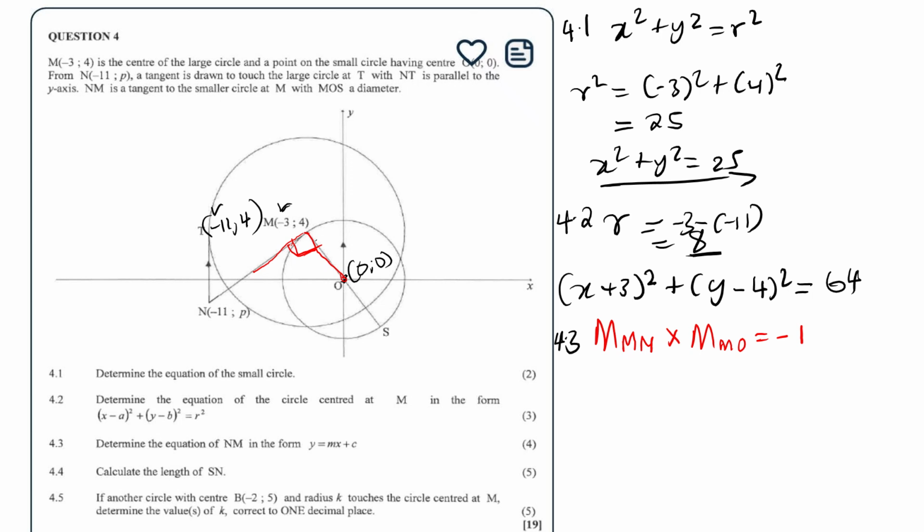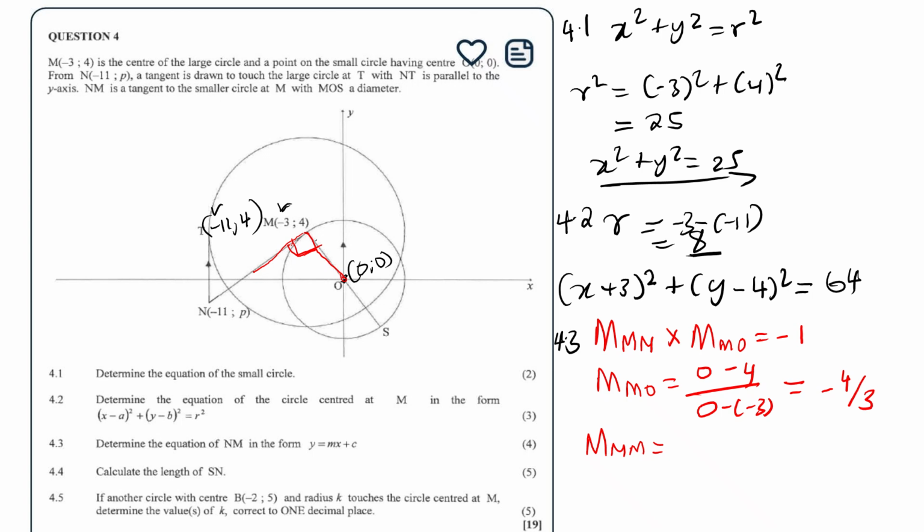If you work this out, the gradient of MO is equal to (y2 minus y1) over (x2 minus x1), which is (0 minus 4) divided by (0 minus 3), equal to -4 over 3. The gradient of MN multiplied by the gradient of MO must give us -1.